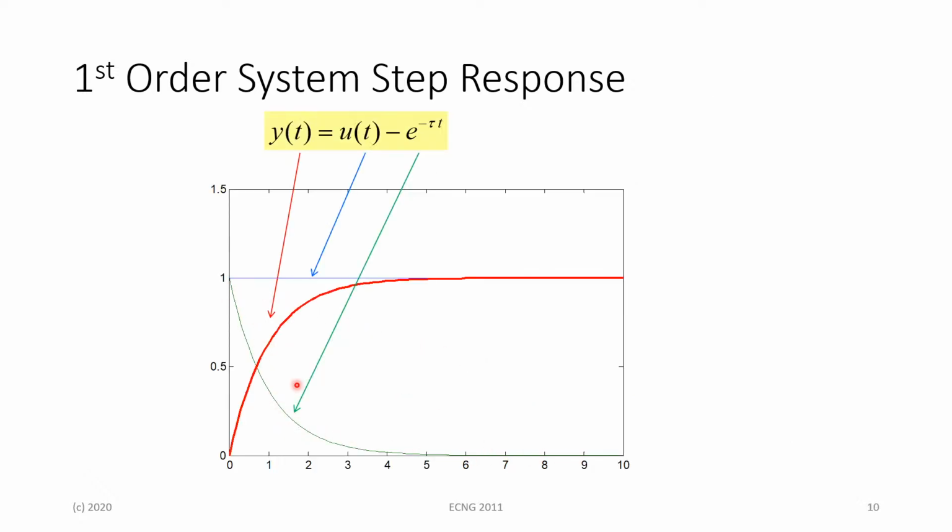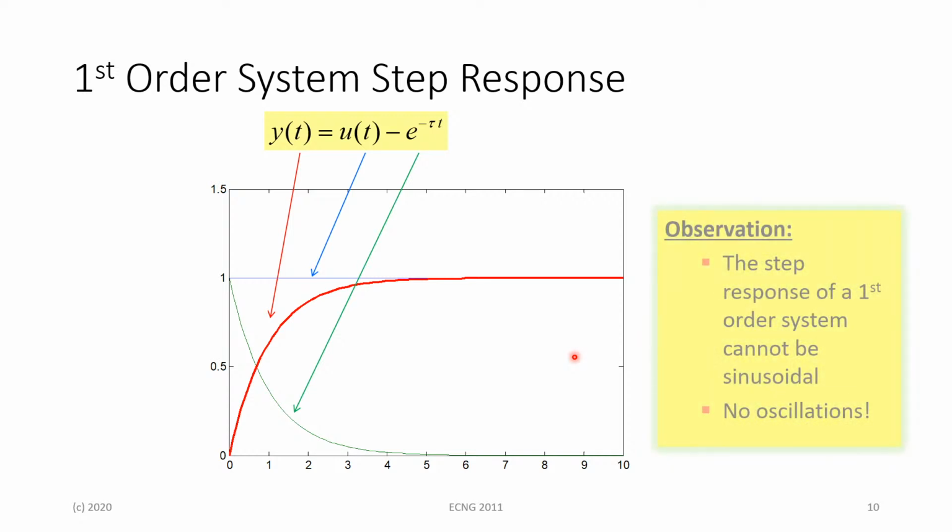When we combine the two in a difference form, we see that the end result is going to be an increasing exponent graph towards some steady state value, or a system step response. In general, for step response, even though it's the opposite of the impulse response where you saw it decay, in this case it increases to some set value.